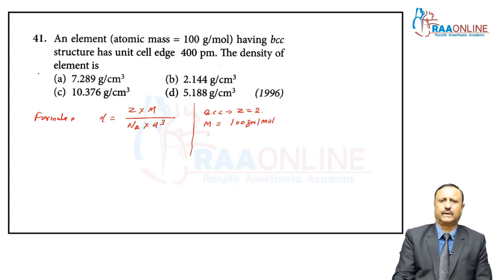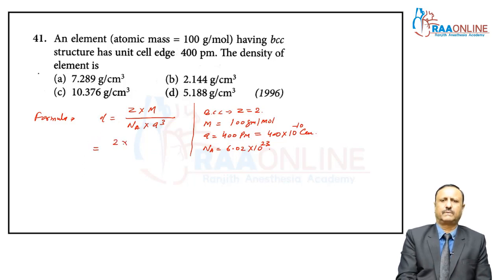Now a is 400 picometer. You can convert it to centimeter, 400 into 10 to the power minus 10 centimeter. Now Na is not given, but you know the value of Na, that is 6.02 into 10 to the power 23.